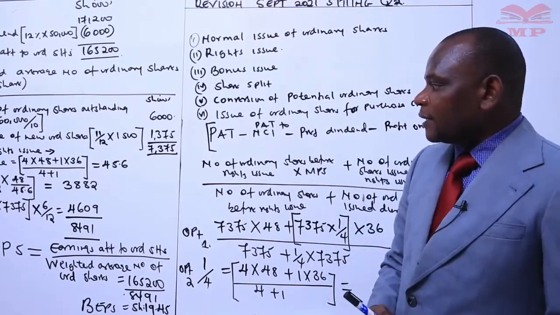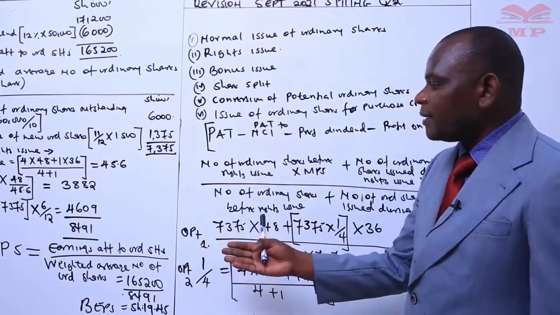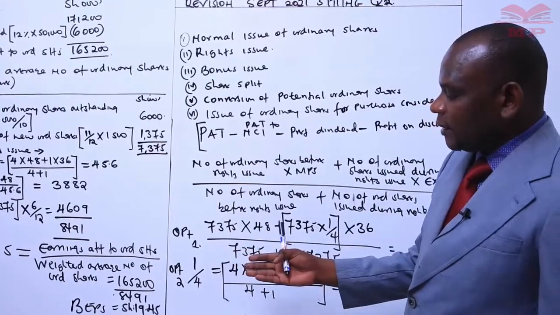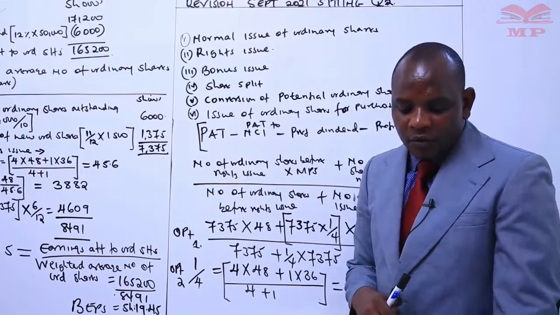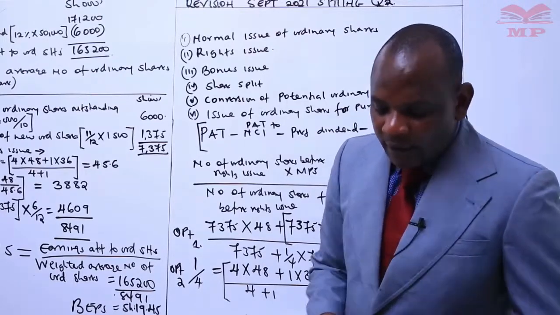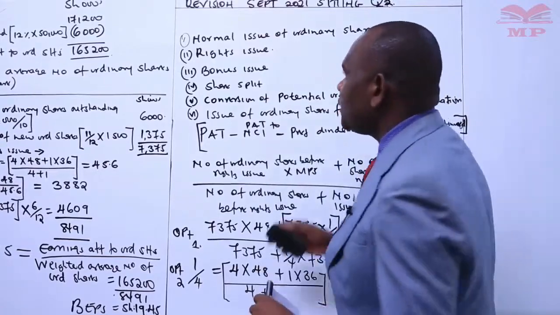From my explanation, you can note that to determine diluted EPS, we first have to identify potential ordinary shares. So what are the available potential ordinary shares here?